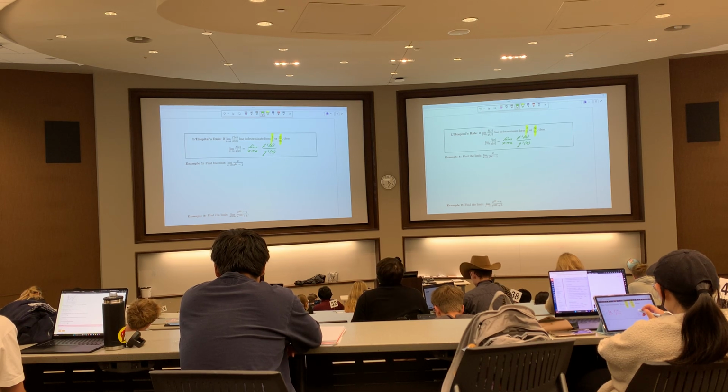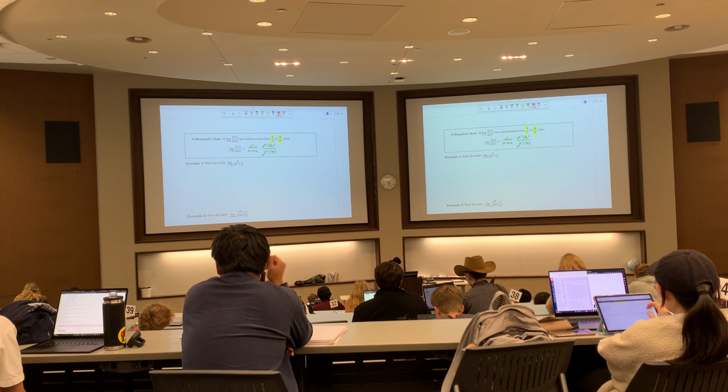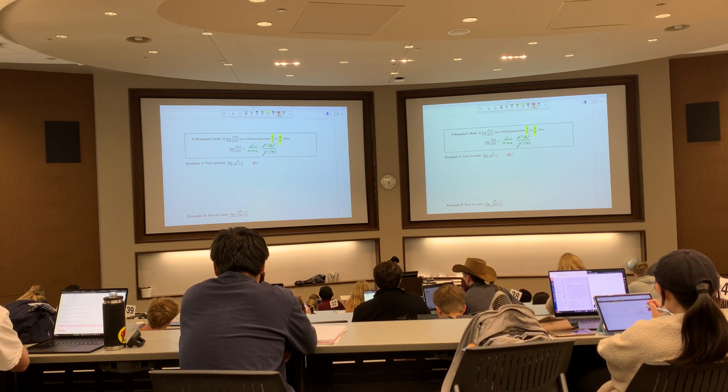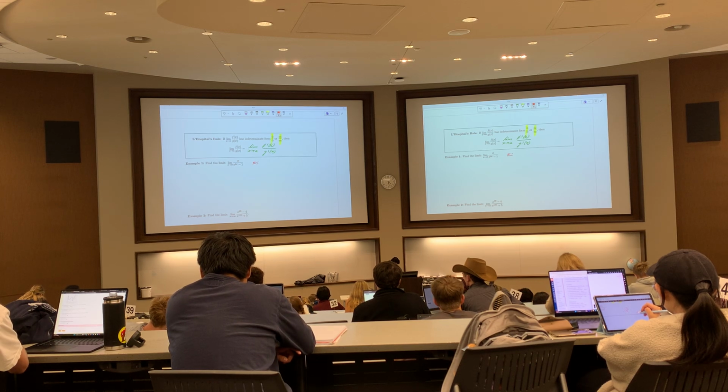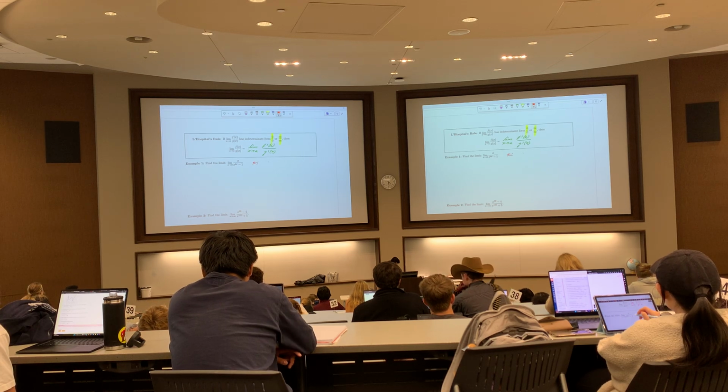Okay, so let's try the first example, and we're going to start off by doing the direct substitution. If we plug in x equals 0, we're going to get 0 over 0 form.